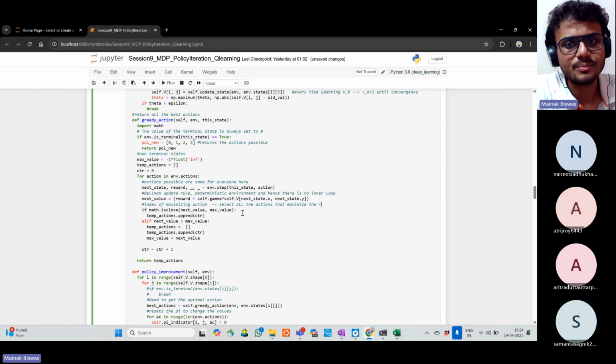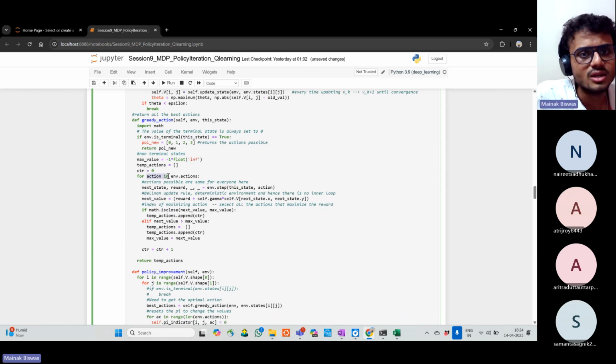But let's take an example and try to understand this. Say for the first action, your maximum value was minus infinity, so you will always select that action, because everything is greater than minus infinity. So you put that in the list. Now for the next actions, if the value is greater than the maximum value, I create a new list, append the action, and the max value will be changed.